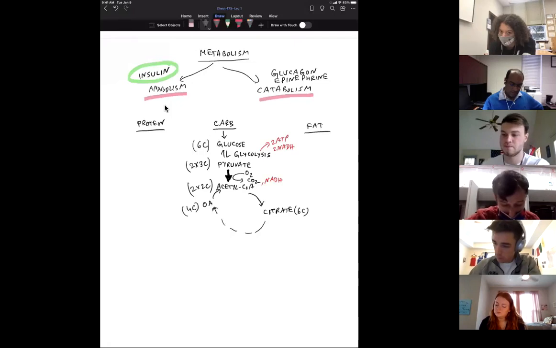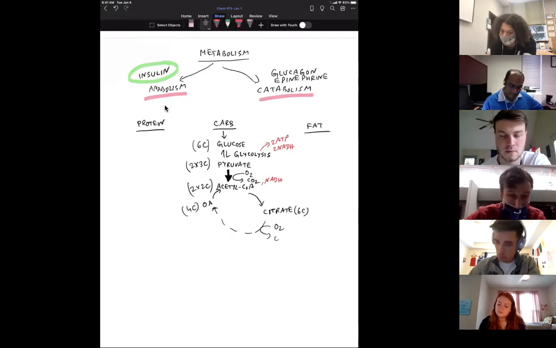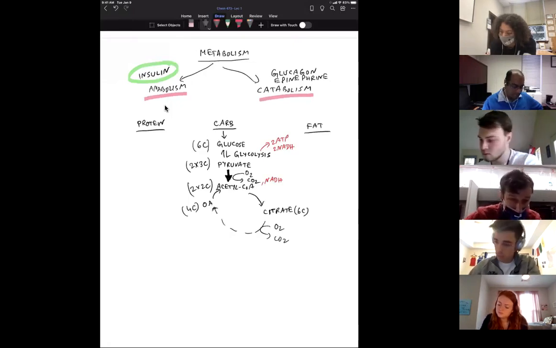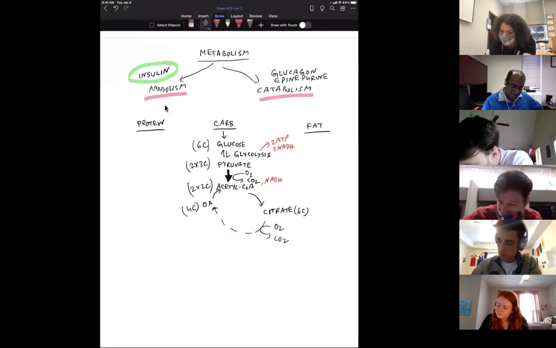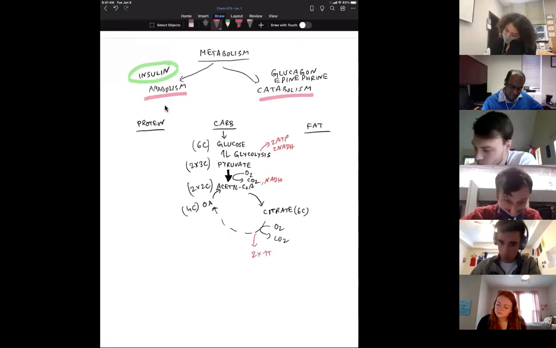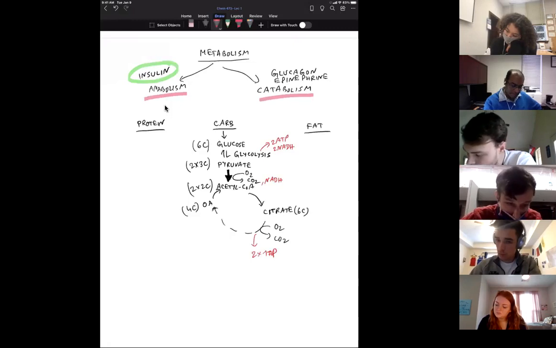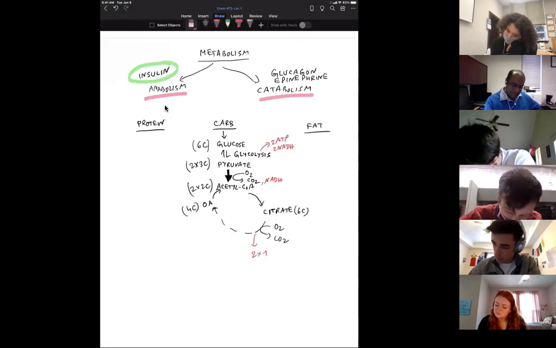But there are a lot of things in between. There's another step where we get another CO2. Details we're going to look at later. There's a step where we get ATP, but there are 2 of them, so we get 2 ATP directly.